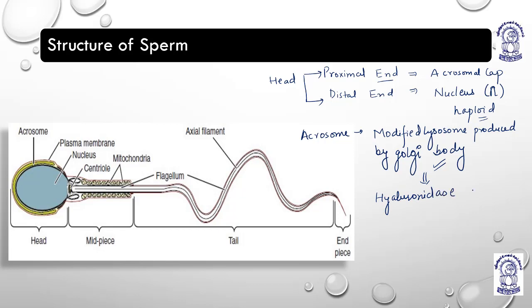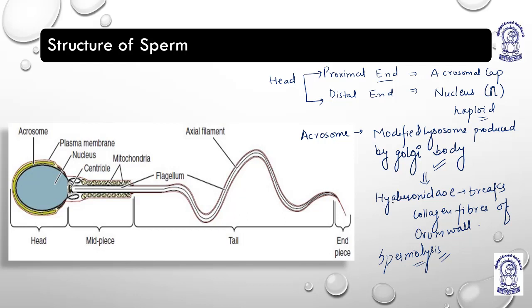This hyaluronidase enzyme basically breaks the collagen fibers of the ovum wall, and it gets penetrated. Along with it, it also secretes spermolysins, which help in the lysis of the ovum wall. So these are some important terms you have to remember: hyaluronidase, which helps to penetrate the ovum wall, and spermolysins.